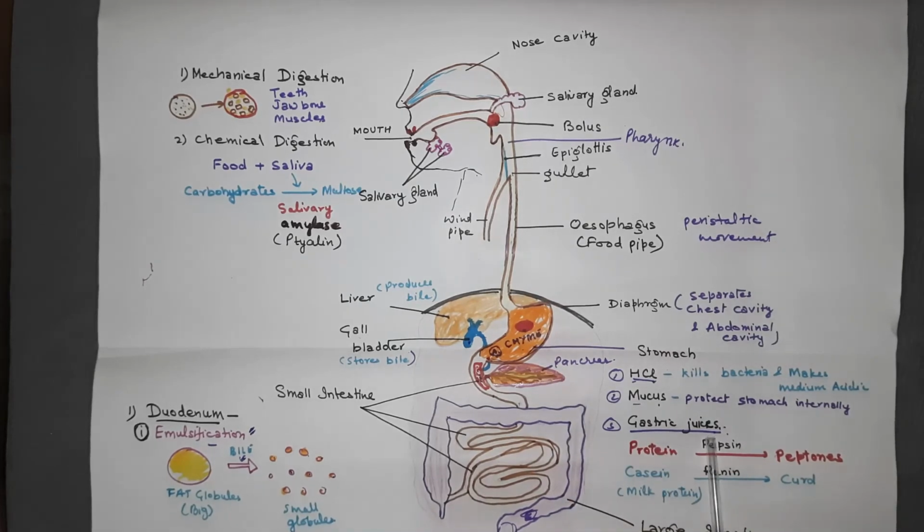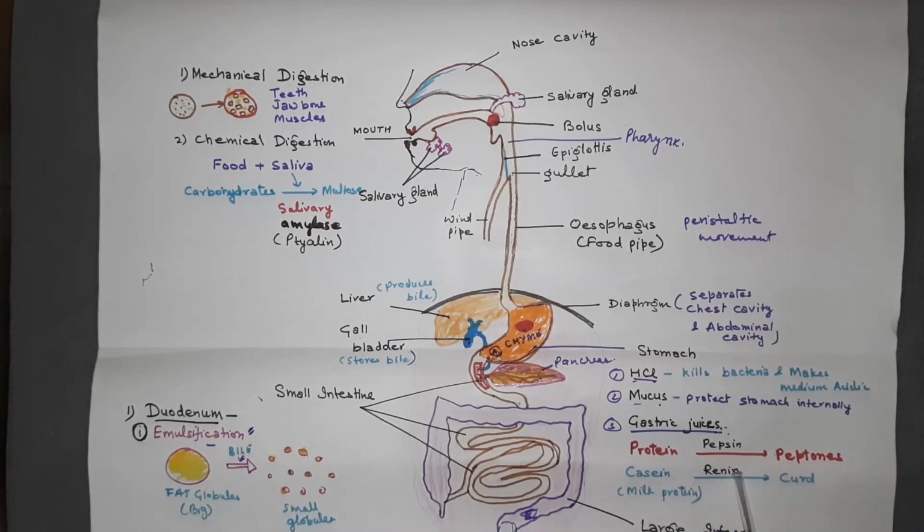And the third thing is the gastric juices. There are two kinds of gastric juices: pepsin and renin. Renin changes milk protein into curd. This renin disappears when the child becomes dependent on solid food.